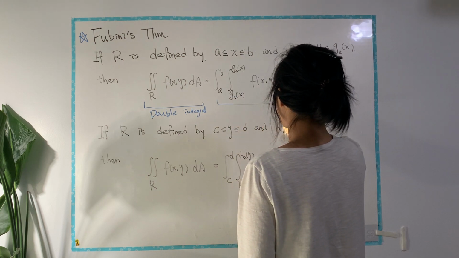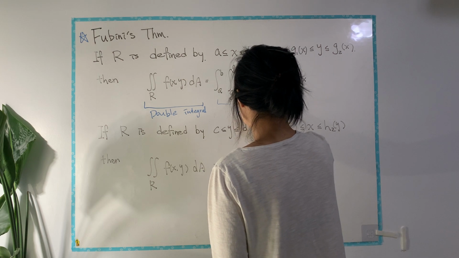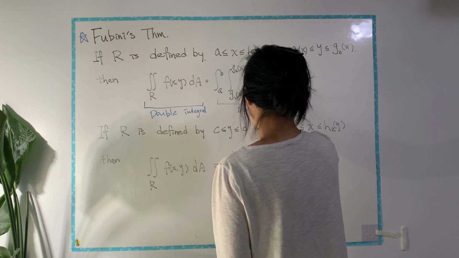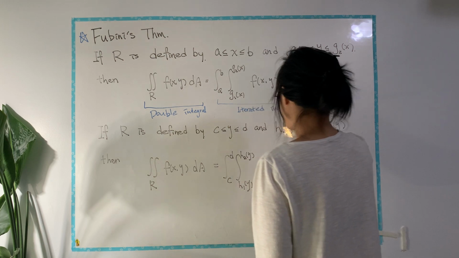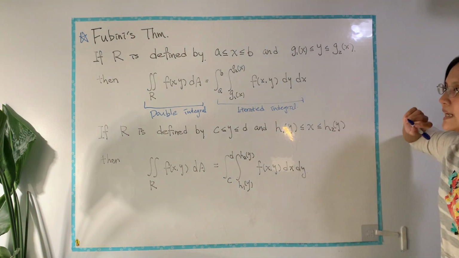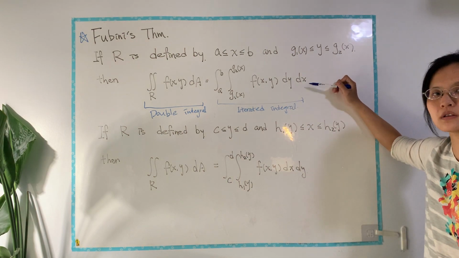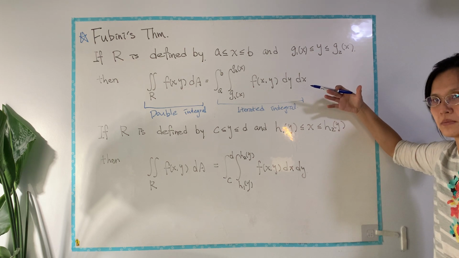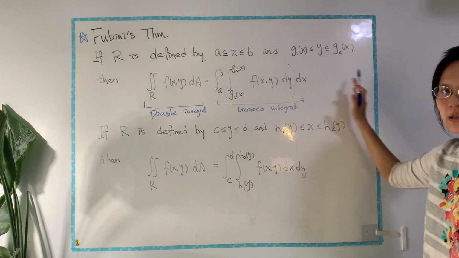On the right hand side of the equation, what you're seeing is the iterated integral. You can use an iterated integral to evaluate a double integral. So this way, you know how to do this, and you don't need to use a Riemann sum, right? You do one integral at a time from inside out.